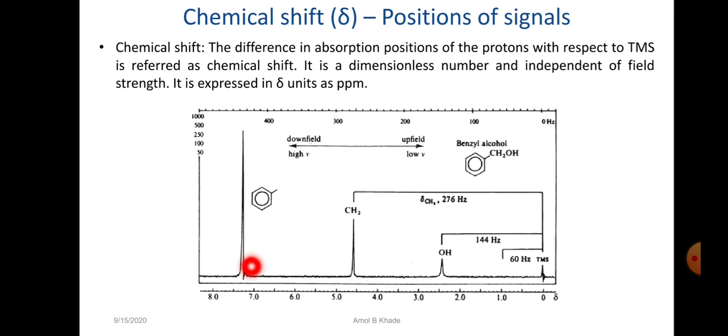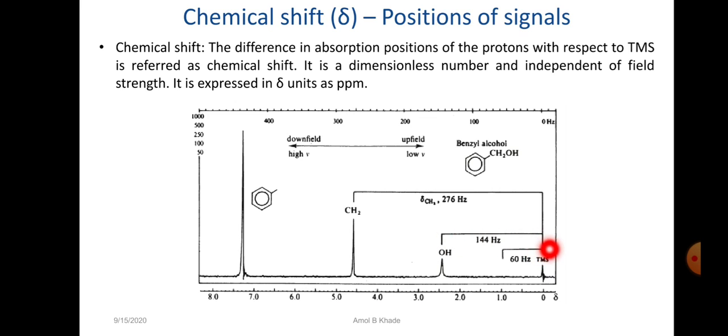They are characteristic. I told you aromatic protons usually appear between 6 to 8.5, and we are observing these signals. So that indicates there is a presence of an aromatic ring in the structure. And we have the other protons also. At what position the signal appears is characteristic, similar to the IR frequencies for a particular functional group.